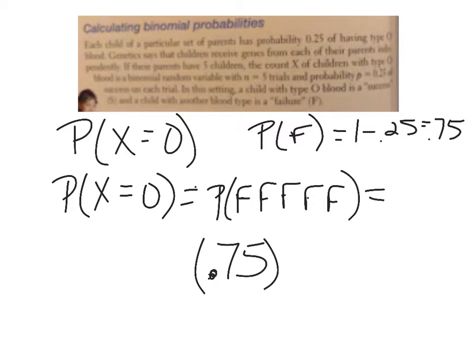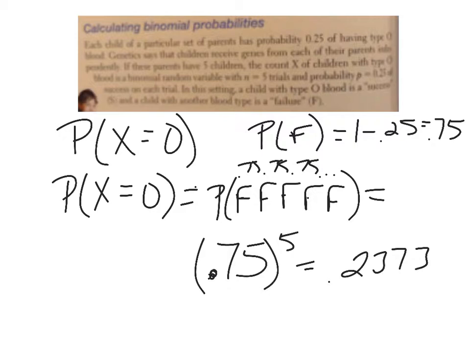I'm a step ahead of myself here. So 0.75 to the 5th power: the probability of the failure times the failure times the failure, and so on to the end. That gives me a probability of 0.2373 that none of the children are going to have type O blood.